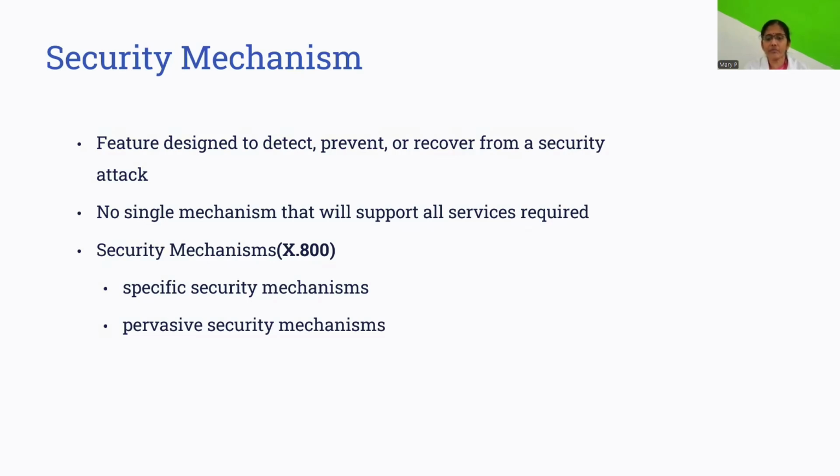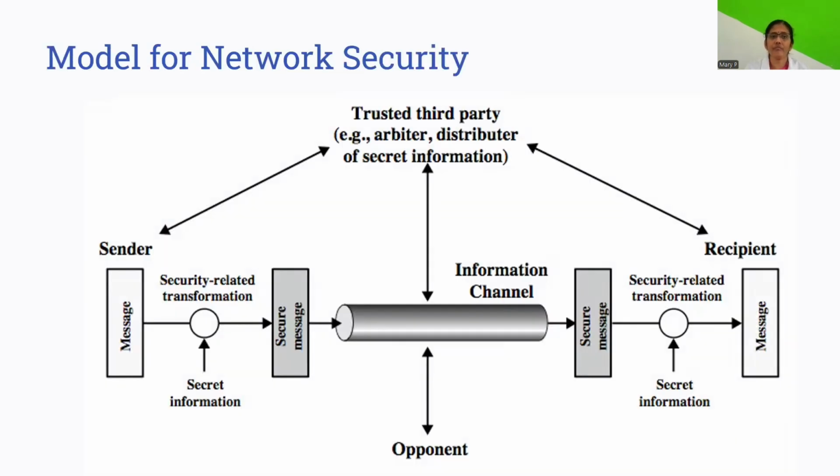Specific security mechanisms are encipherment, which means doing the encryption process, then creating digital signatures, access controls, data integrity, and authentication exchange. Pervasive security mechanisms provide trusted functionality, security labels, event detection, and security audit trails.